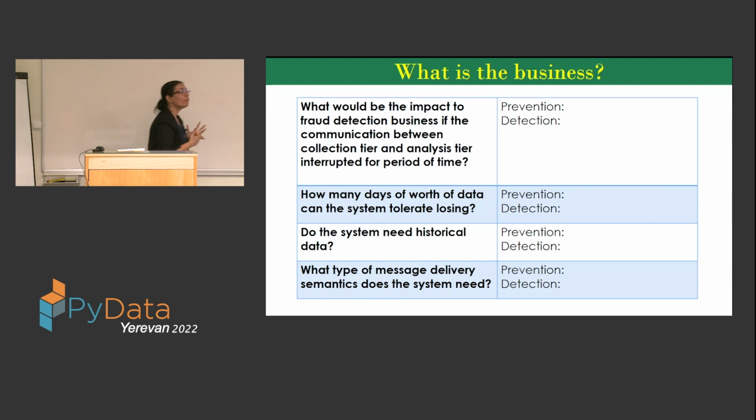So if your business can tolerate this, and nothing happens to your business, it's okay, you shouldn't have a message queuing. But in a business like e-health, e-prescription, where you are at least calculating the price, you can't afford it. Your messages shouldn't be lost. Or more important, how many days' worth of data can your system tolerate losing?